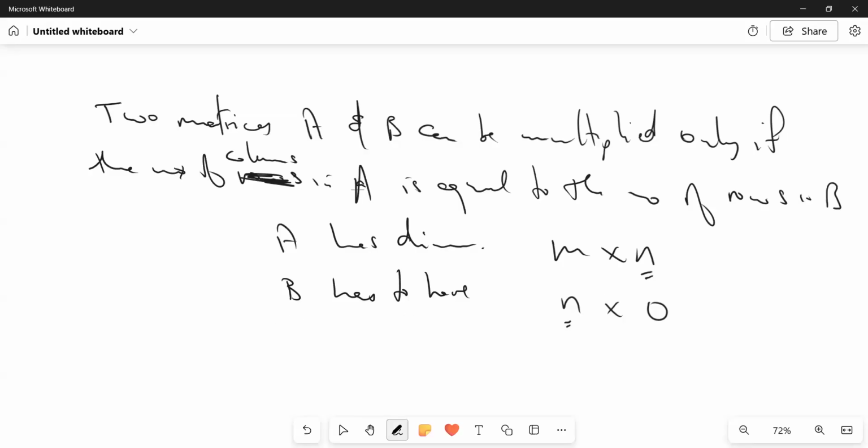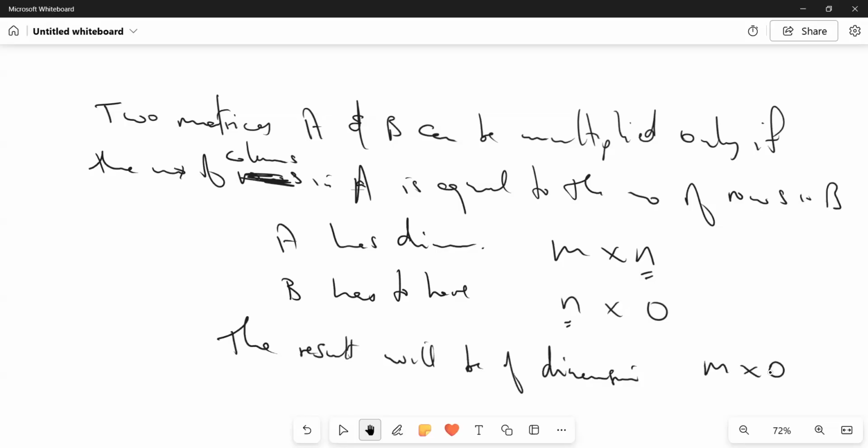And the result will be of dimension M by O. So that's a condition that has to be met.